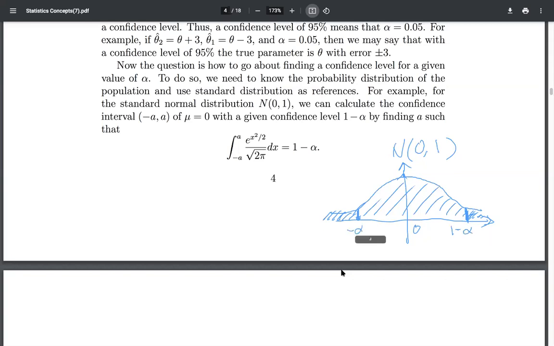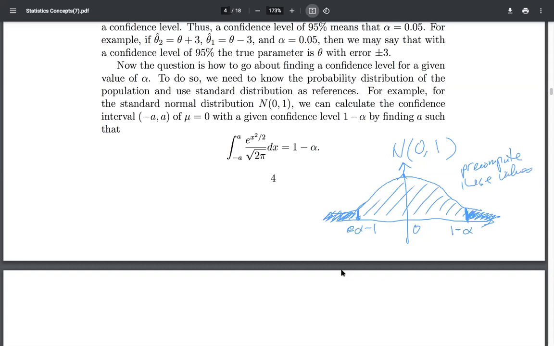If I want to find out this area for any alpha, I can pre-compute these values and store them in a table.